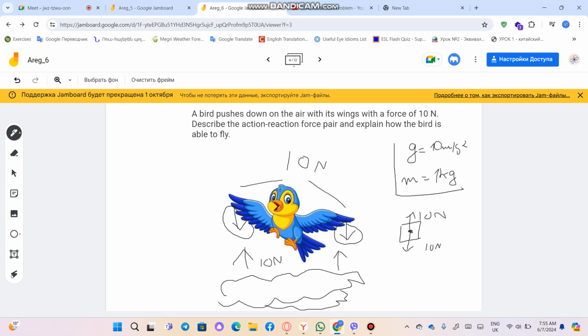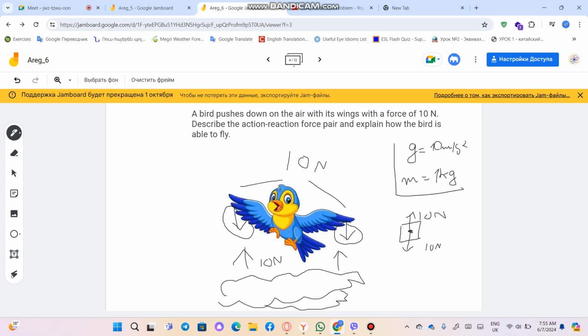No, that doesn't count, because those forces are the forces that the bird is acting on the air. But in order to understand if the bird is flying or not, we need to consider only the forces acting on the bird. So we don't have anything left.